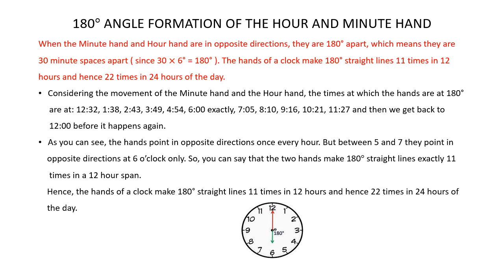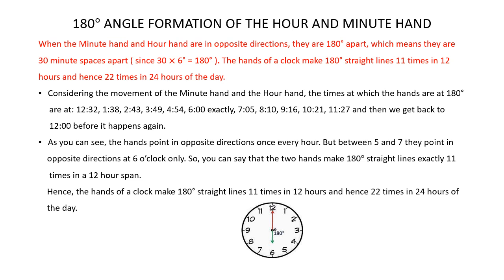But this is not so because between 5 and 7, they point in opposite directions at 6 o'clock only. Now as you can see here, between 5 and 6, the hands point in opposite directions at 6 o'clock. And between 6 and 7, the hands point in opposite directions also only at 6 o'clock.